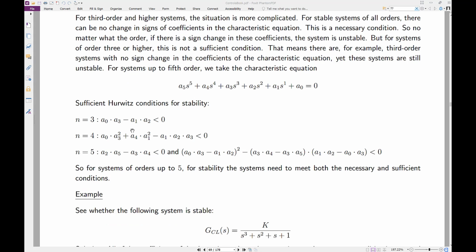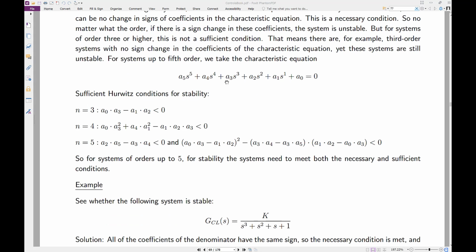So what we're using is this polynomial here as a pattern. If you have a system where n equals 3, these terms would be gone. A4 and A5 are 0. And you have a third order polynomial, then you have to meet this criterion here: A0 times A3 minus A1 times A2 has to be less than 0.